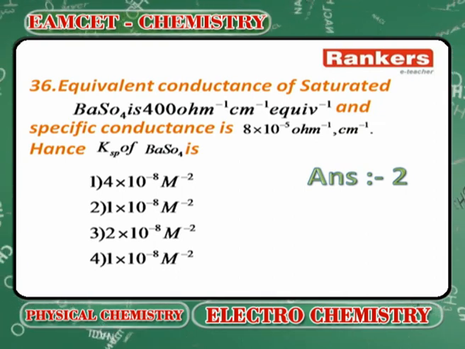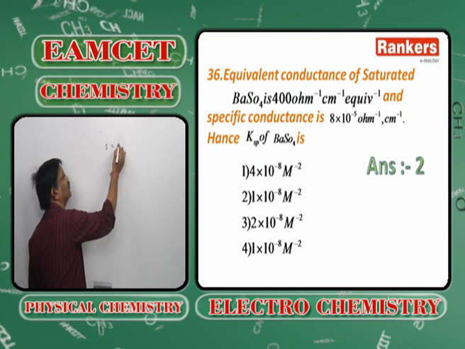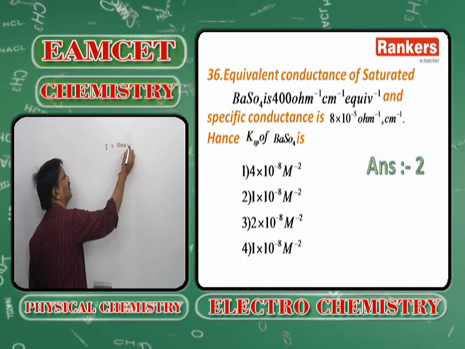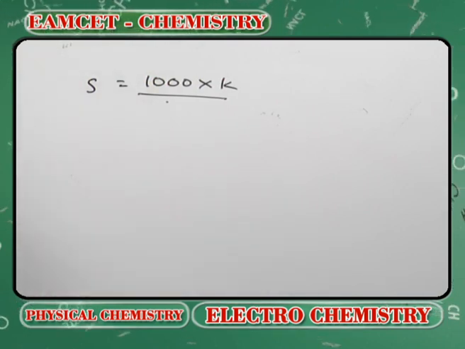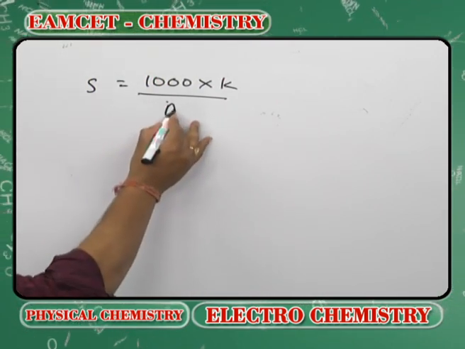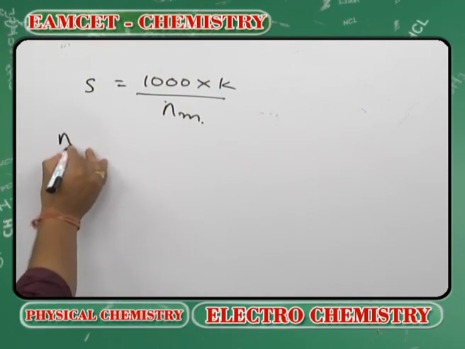How to find the solubility product? To calculate the solubility, S is equal to 1000 into K by molar conductivity. How to get molar conductivity?